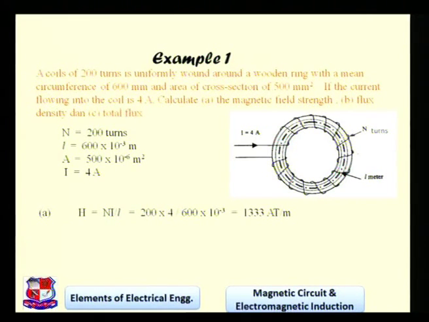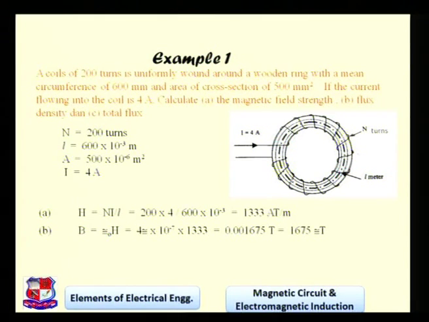We know that magnetic field strength H is equal to NI by L. Putting the value of N as 200, the current as 4, divided by 600 into 10 raised to minus 3, we have magnetic field strength H equal to 1333 ampere turns per meter. Always remember the unit of these things.